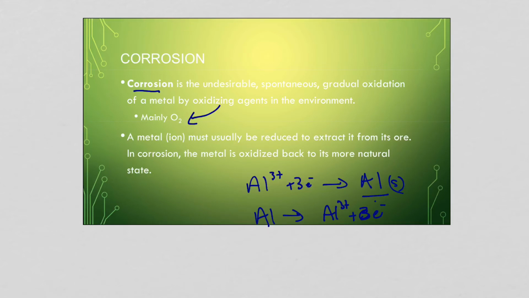So it's not surprising, based on what we've learned, that metals like to be oxidized. The metals get oxidized back to what we might consider their more natural state. Most metals exist as their ions; this is the stable state for most metals, not the actual metallic element. So a lot of metals will gradually over time oxidize back to the ion form.